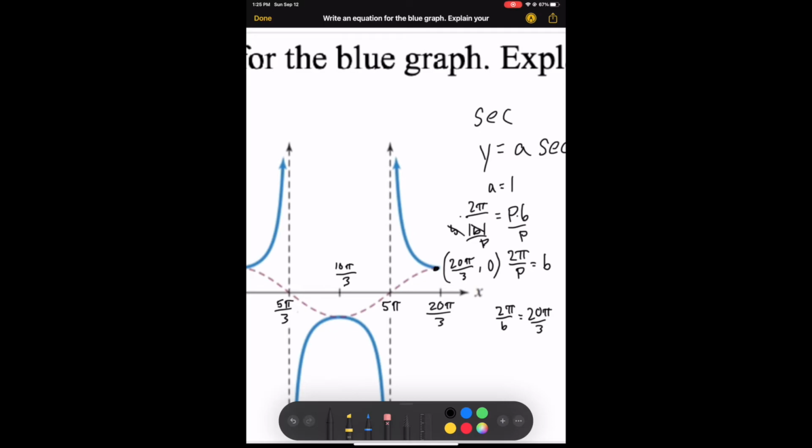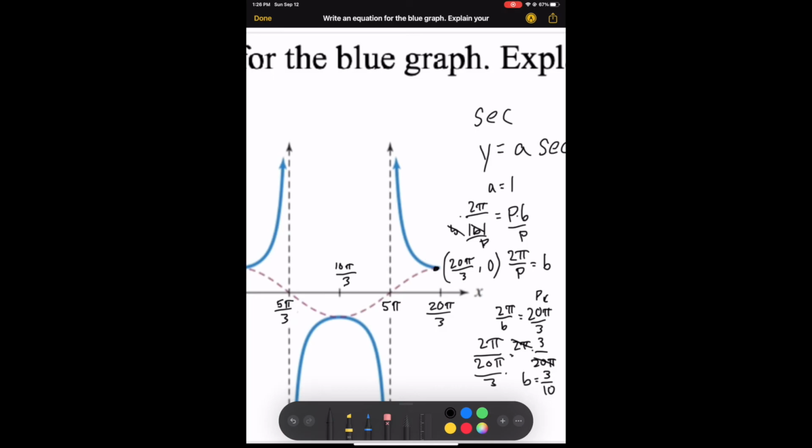So 2 pi over 20 pi over 3 is the same as 2 pi times the inverse of this, which is 3 over 20 pi. Okay, so the 2 pi goes into 20 pi 10 times, so B equals 3 over 10.